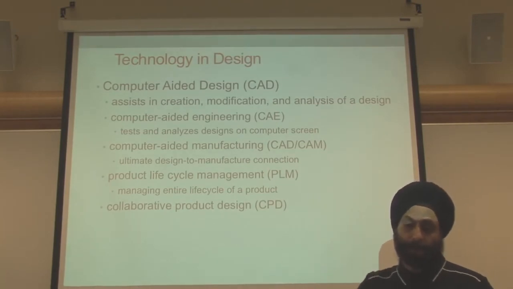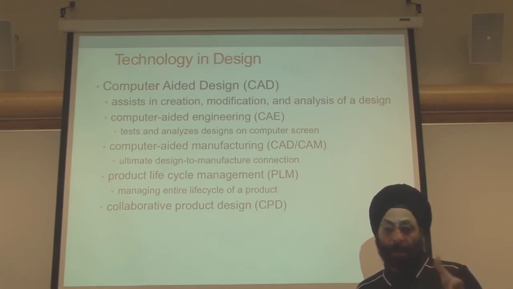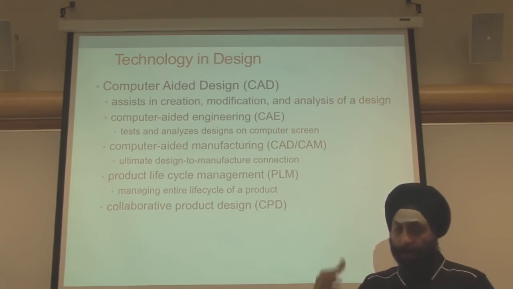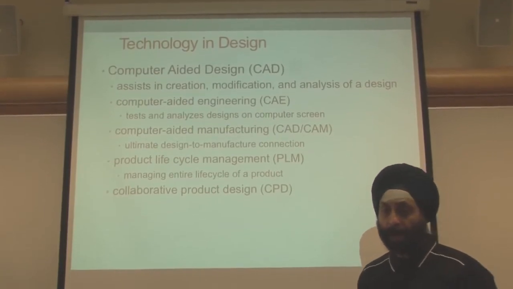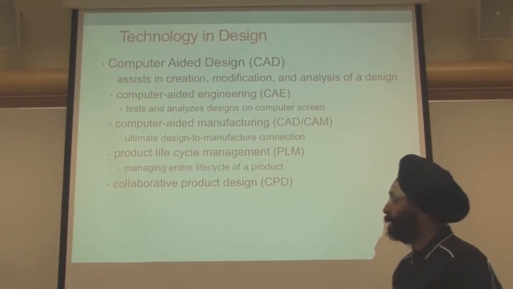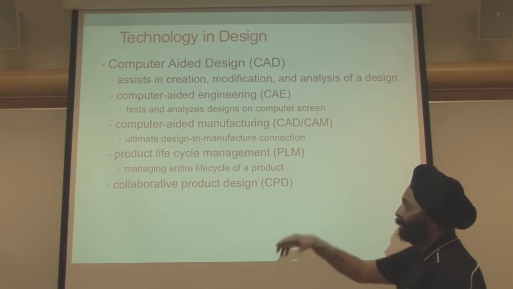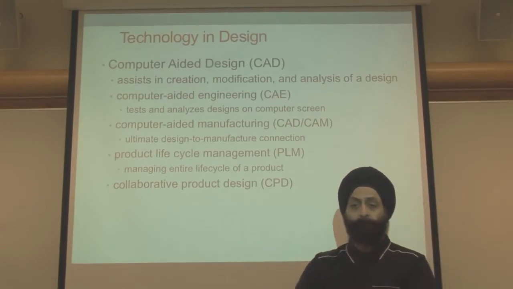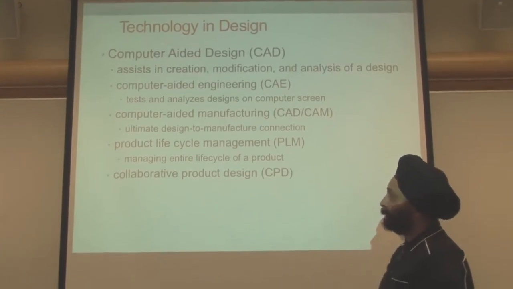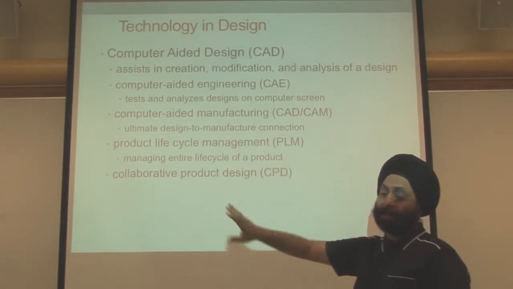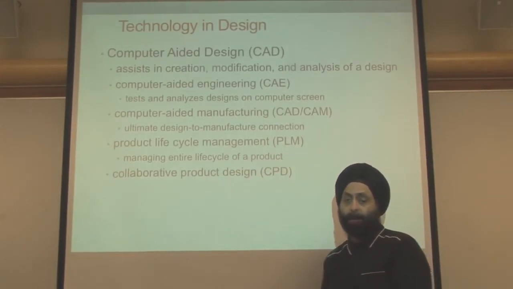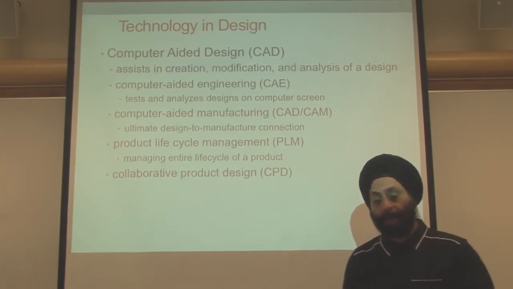All we do is push some buttons, and the computer in the microwave will decide to heat the food in there for a certain amount of time, based on the data we have entered. It's almost cooking the food, manufacturing the product, if you will. Product lifecycle management is managing the entire lifecycle of the product and seeing exactly how it goes from inception all the way to end of life.